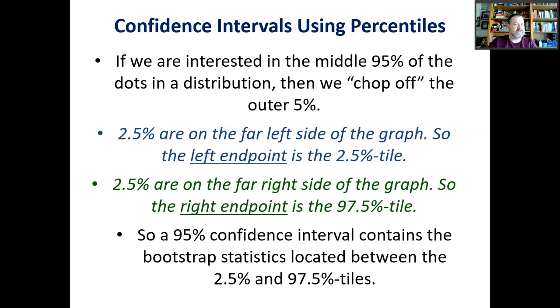So if you forgot what a percentile is, you might want to go back and study that. It was on your first exam, so hopefully you know what it is. 2.5% are on the far right of the graph, so the right endpoint is the 97.5 percentile. So a 95% confidence interval contains the bootstrap statistics located between the 2.5 and 97.5 percentiles. And that's shown in the picture.